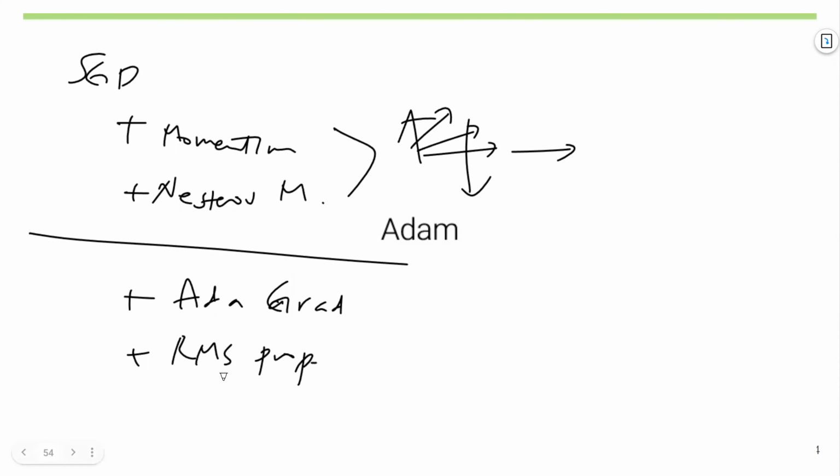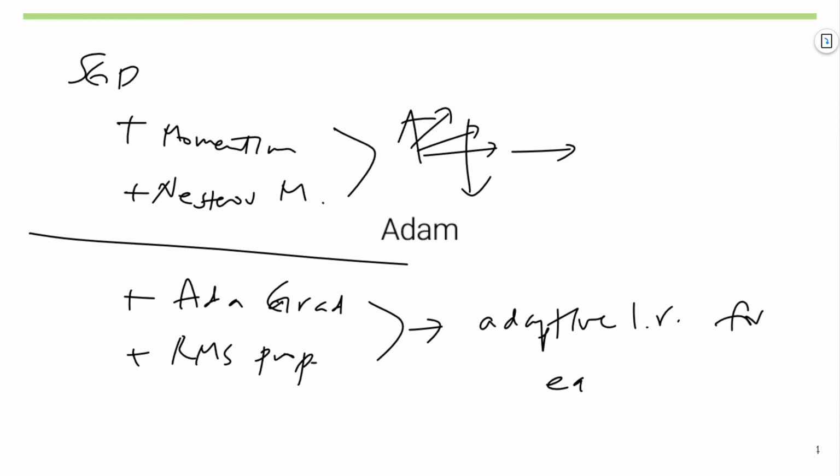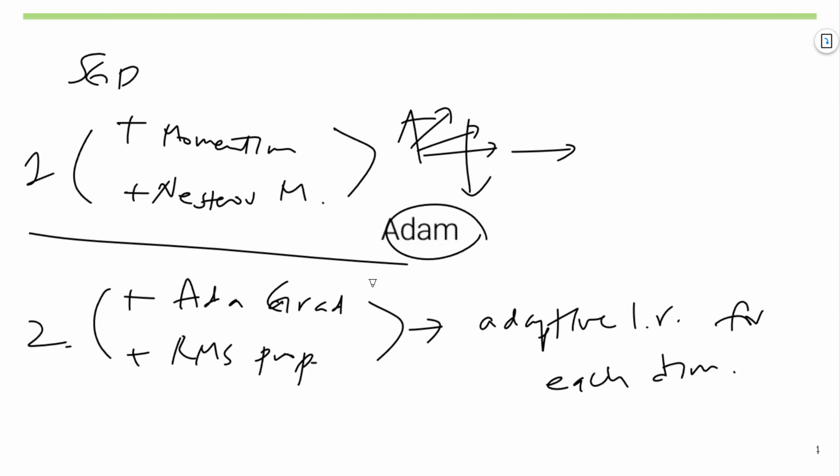And AdaGrad and RMSprop give an adaptive learning rate for each dimension. So basically, these two ideas are similar within each group, and the first group and the second group have different goals. And what Adam is doing is combining these two ideas.